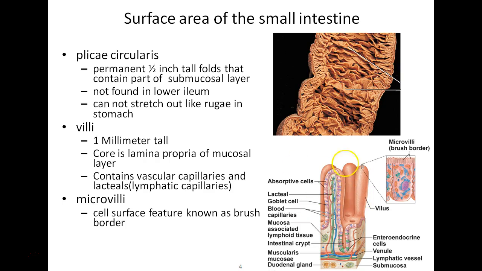And then if we look closely on the tip of this villus is one individual cell. So we see it's an individual cell because of the presence of the purple nucleus. On the border of this cell are microvilli. And again, this is a very microscopic level that we're working with.